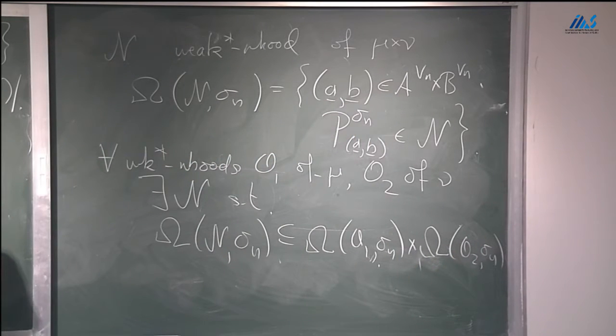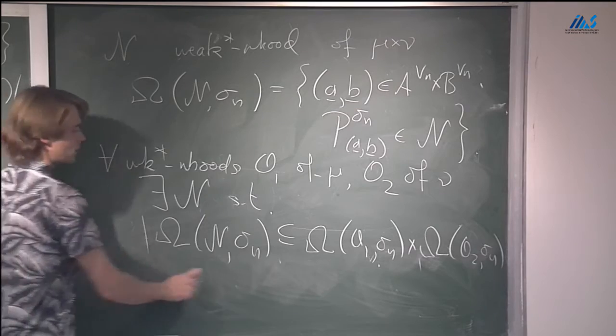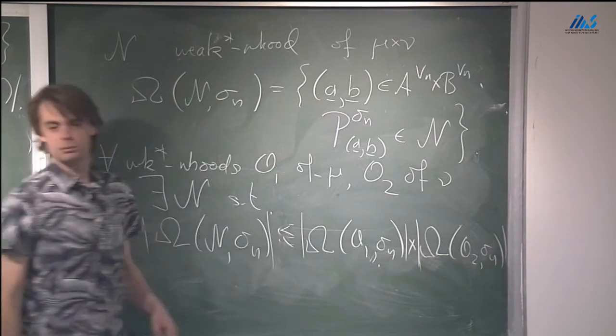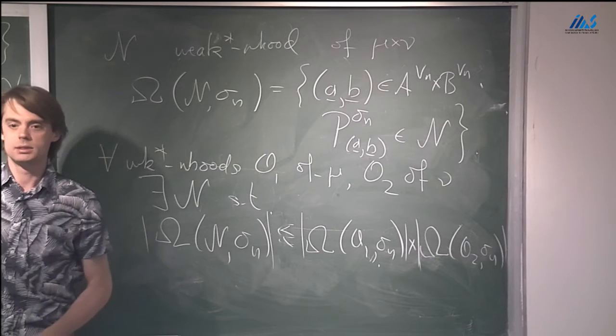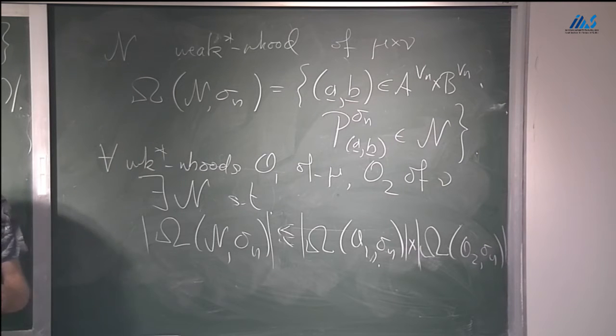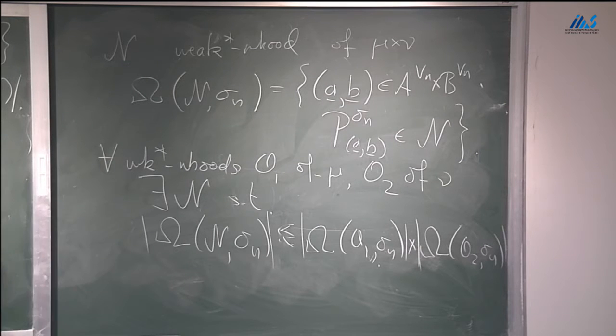If you're a good model for the product distribution, then the two coordinates had better be good models for the marginals. So that's easy, and that gives you one direction, because now this is at most the product of these. You take logarithms and it becomes a sum, and that's subadditivity. So subadditivity is true, and actually it is true for any joining of mu and nu, not just the product.